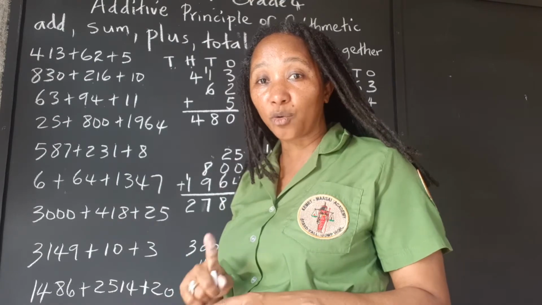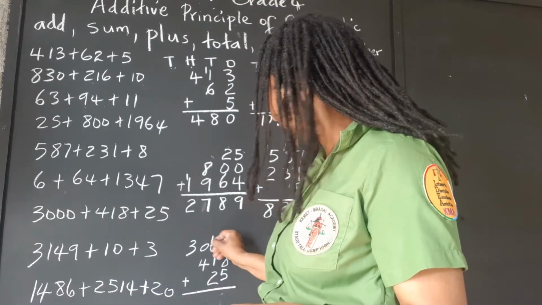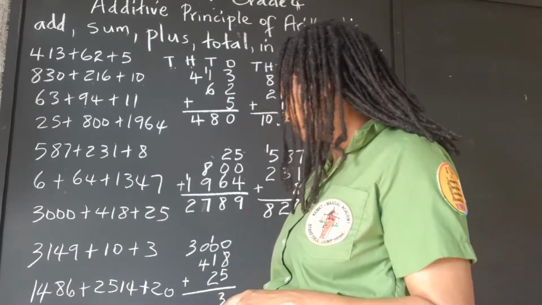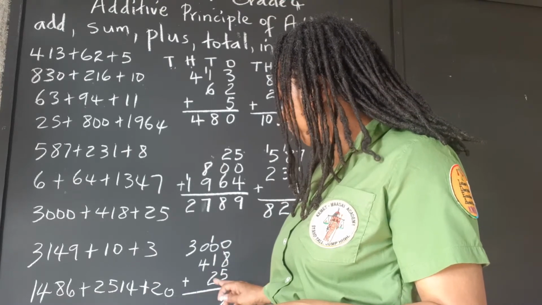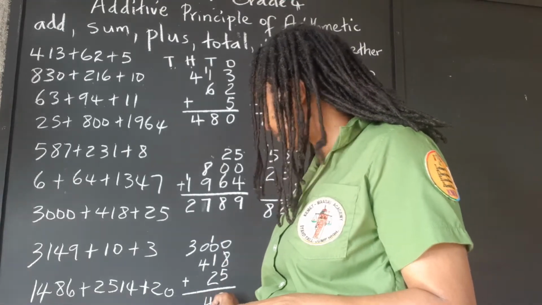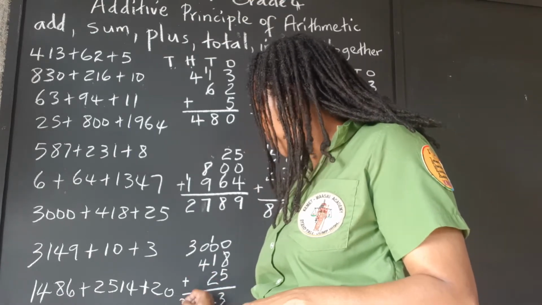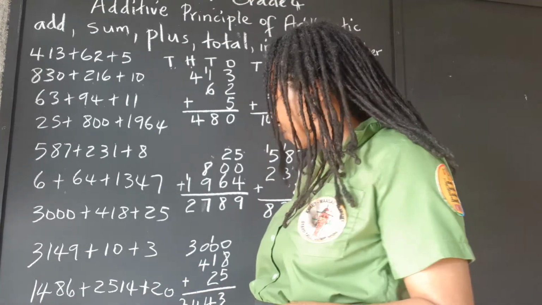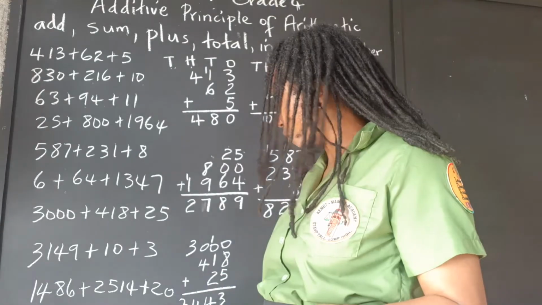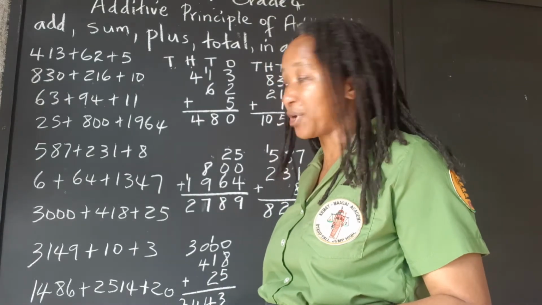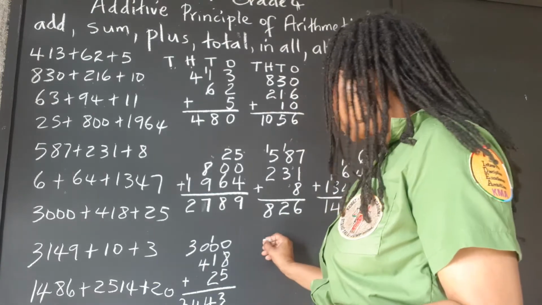We can get one group of 10 and 3 ones remain. 1 plus 1 is 2 and 2, 4 tens, 4 plus 0, 400s, and 3,000. So that's 3,443.